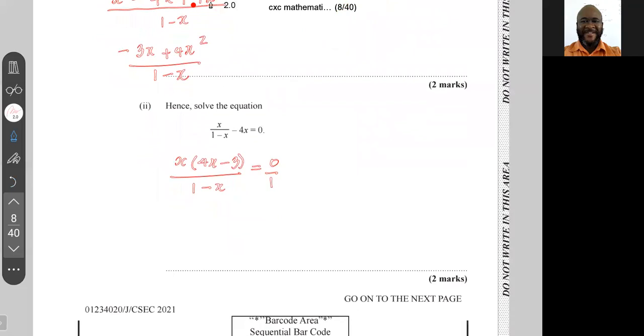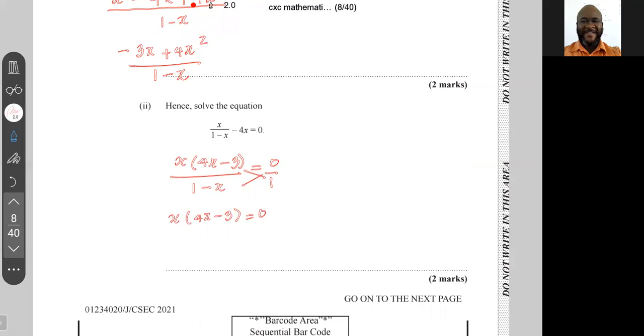If I have one fraction equal to one fraction, I'm going to cross multiply. So this is x into 4x minus 3 is equal to 0 times 1 minus x, which is still 0. If you multiply anything by 0, you're going to get 0.